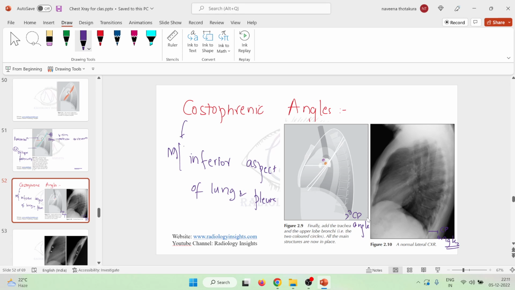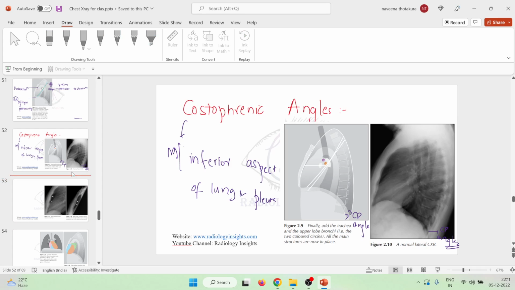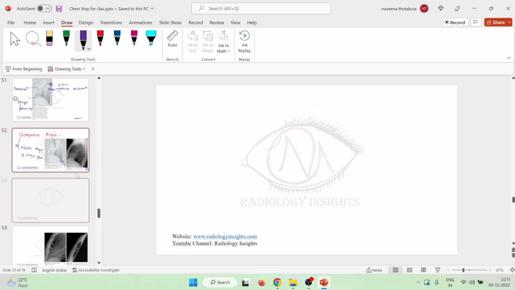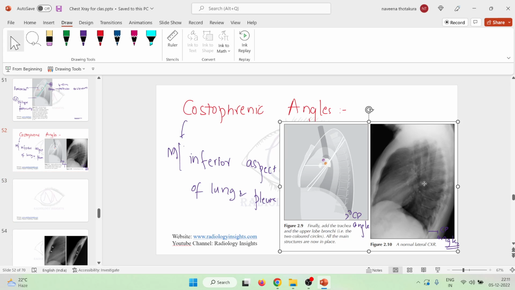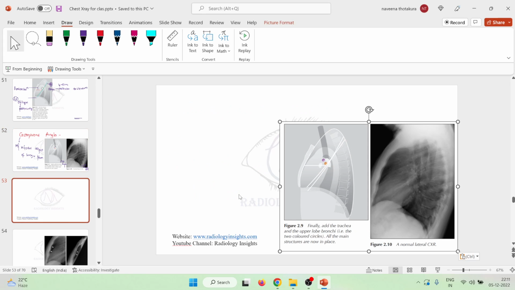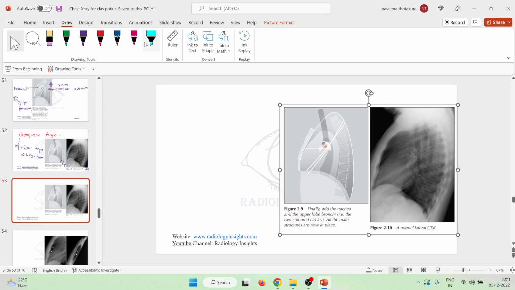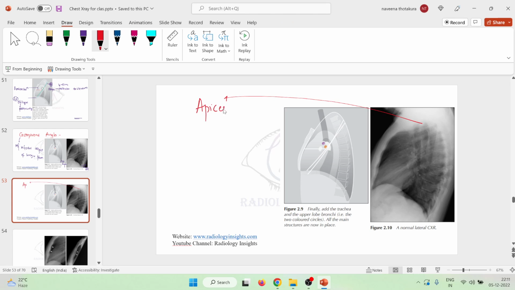Next, if you see the lung apices with the help of the lateral chest X-ray, the lung apices are actually free.